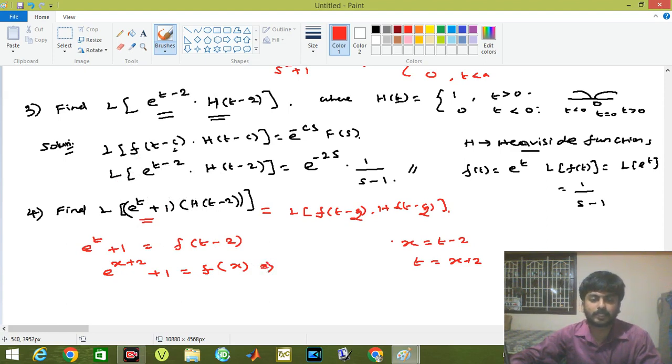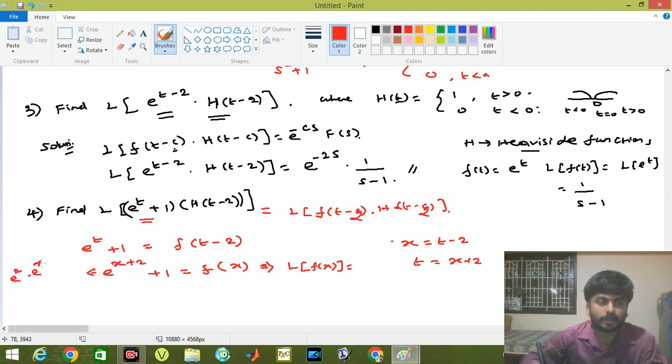I'm having very little space here, so I'm writing here. By taking Laplace transform, we will have L of f of x equal to, this can be split as e power 2 into e power x. So that e square is constant, e square L of e power x plus L of 1.